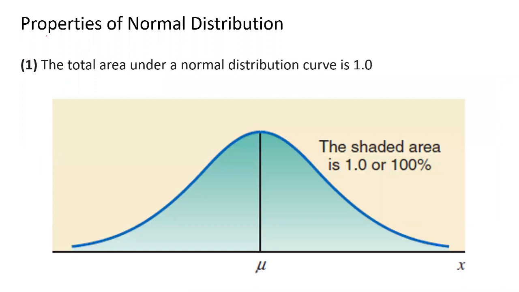Okay, let's go over the properties of normal distribution one by one. First, the total area under a normal distribution is 1.0. Like all other continuous random variables, if this is a PDF, the total area under the curve is always 1, right?